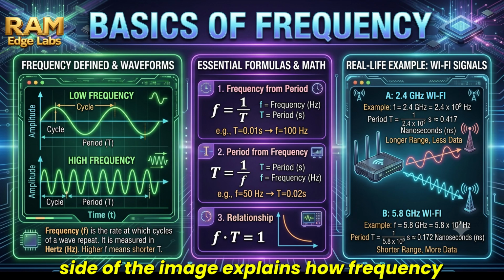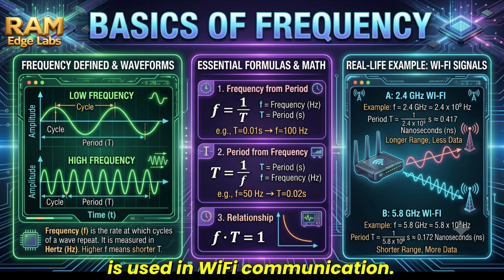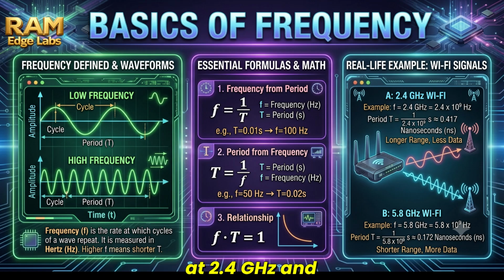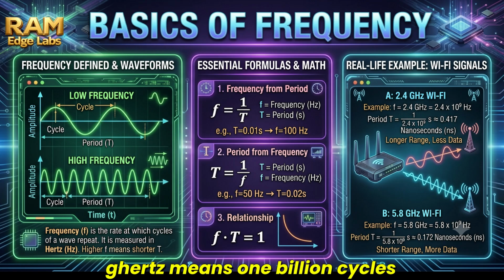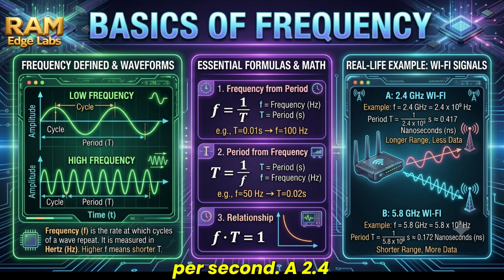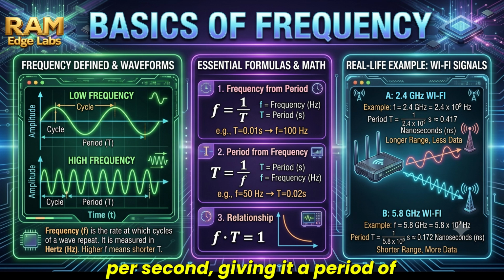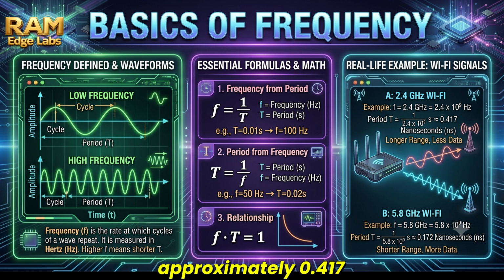The right side of the image explains how frequency is used in Wi-Fi communication. Modern Wi-Fi networks commonly operate at 2.4 GHz and 5.8 GHz, where GHz means 1 billion cycles per second. A 2.4 GHz Wi-Fi signal has a frequency of 2.4 billion cycles per second, giving it a period of approximately 0.417 nanoseconds.